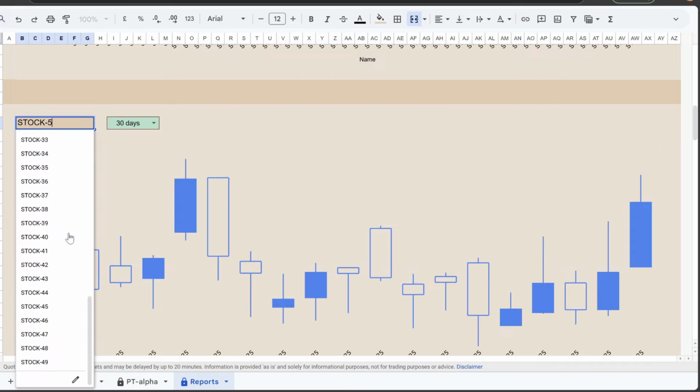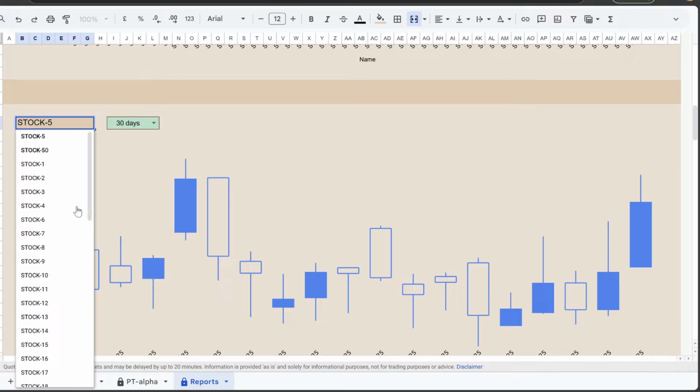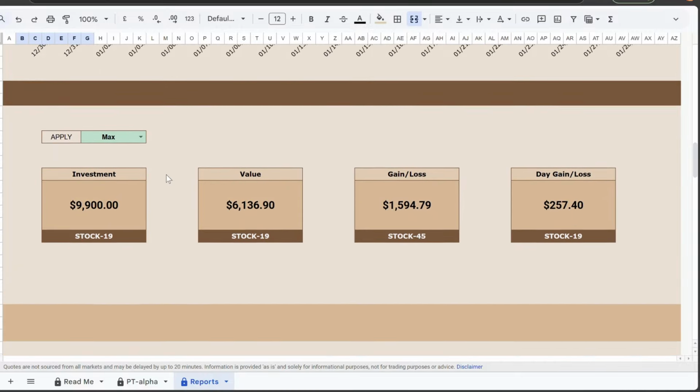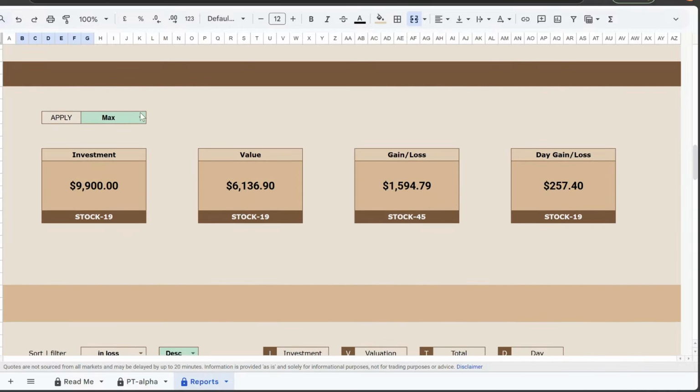Candlestick chart drop-down has all the shares listed to choose from. Let us check out the rest of the sections in the report.